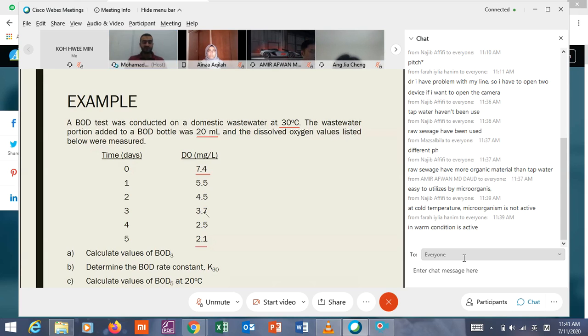Now, it is required to calculate the value of BOD. Can anybody guess how much the value of BOD will be? We will write here together before we go to the answer.